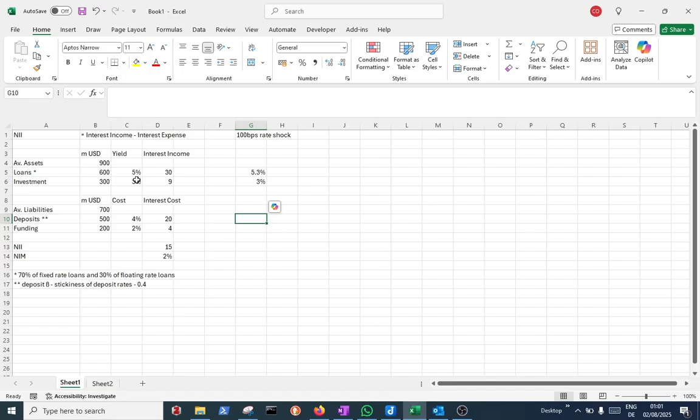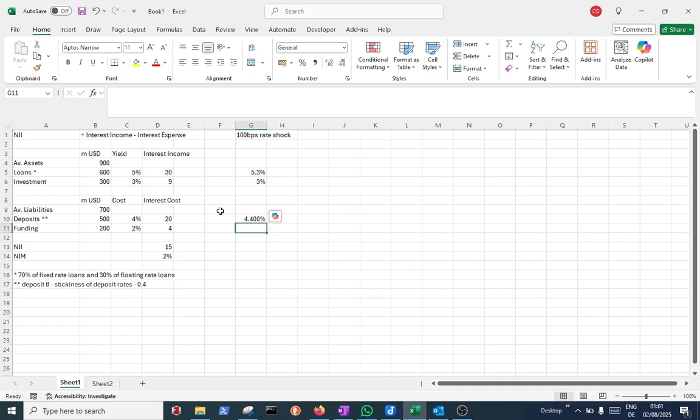So what we have now? We have now 4%. In normal cases, that would be 4 plus 1, but it's not 4 plus 1 because we get not 1%, but rather 1% multiplied by beta, which is 0.4. So that will be approximately 4.4.